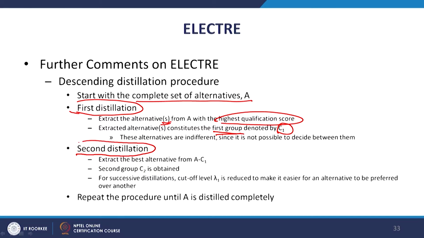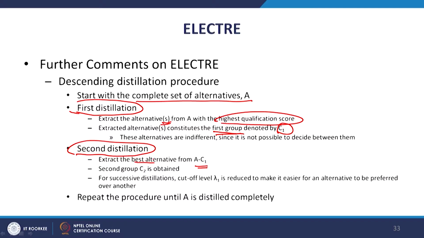Now we do a similar thing in the second distillation. The remaining alternatives after extracting the first group, that is C1, mean the set can now be referred to as A minus C1, where C1 is subtracted from the set A. So we now have this subset, capital A minus C1. Again we extract the best alternative from this particular subset.